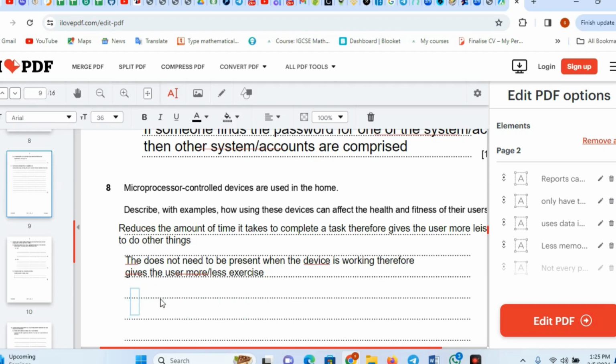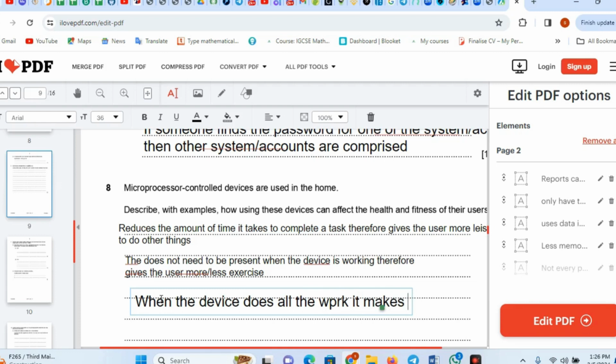So when the device does all the work, it makes the user lazy.